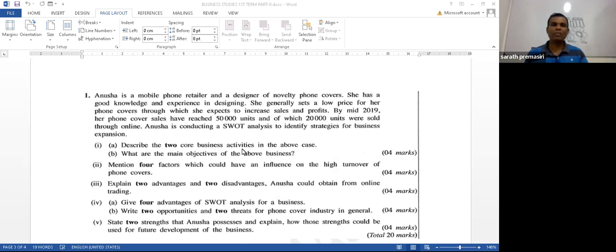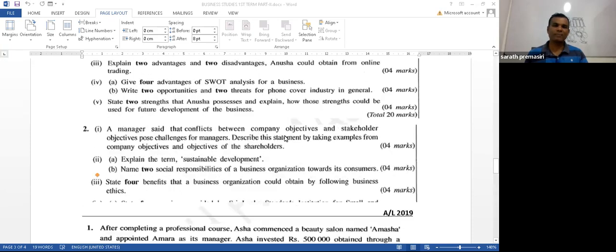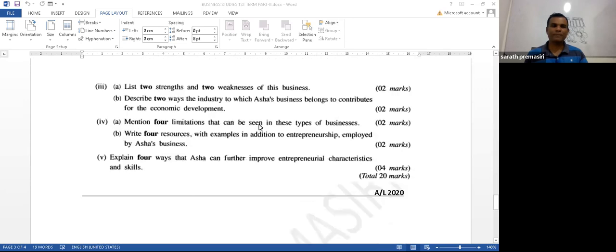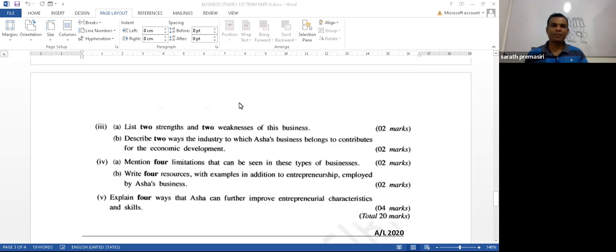Describe two core business activities of the above case. Now, look at the answer, first one. I'll take the answer so that you can understand it. Now, this is the mark scheme.